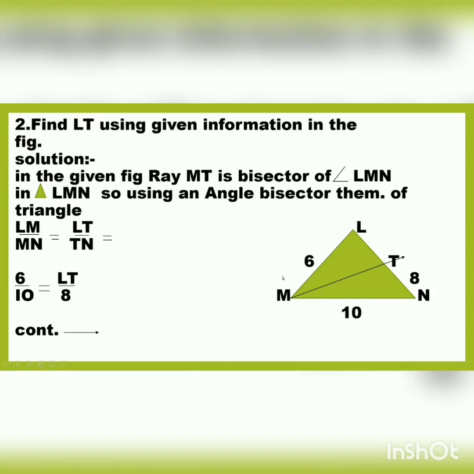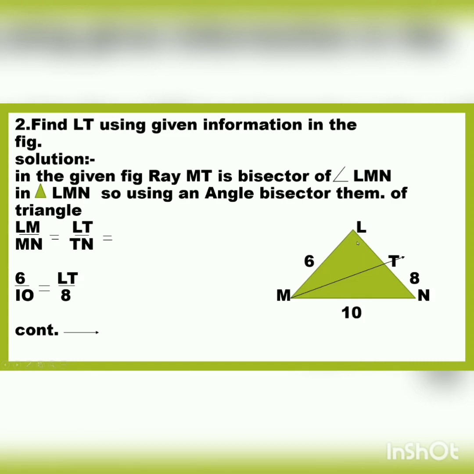So using the angle bisector theorem of a triangle, you can show LM upon MN is equal to LT upon TN.